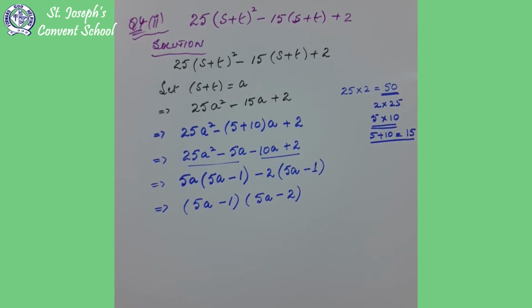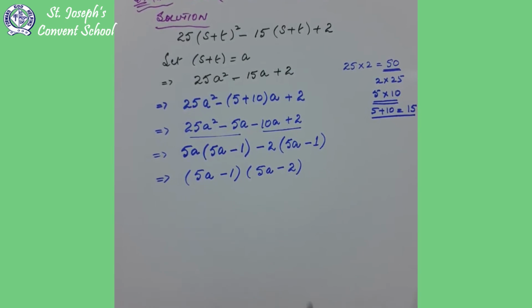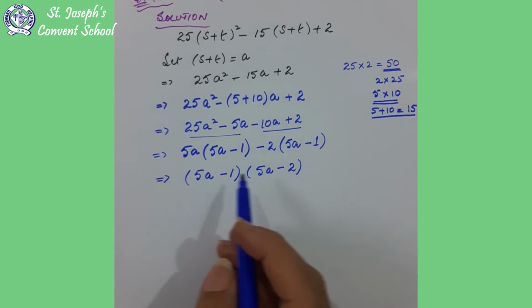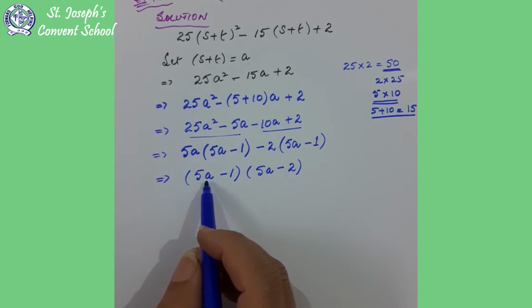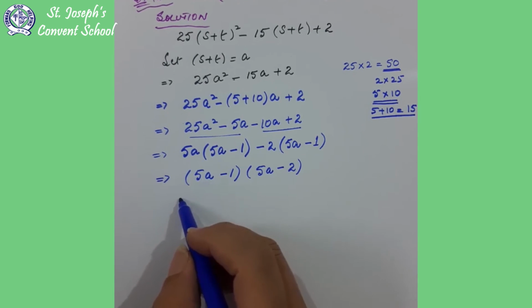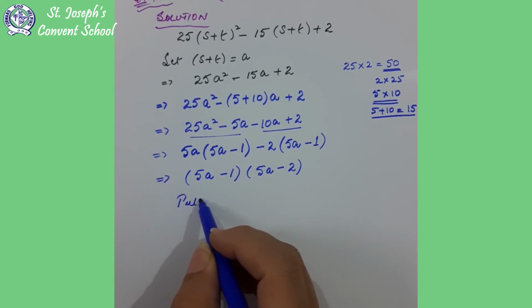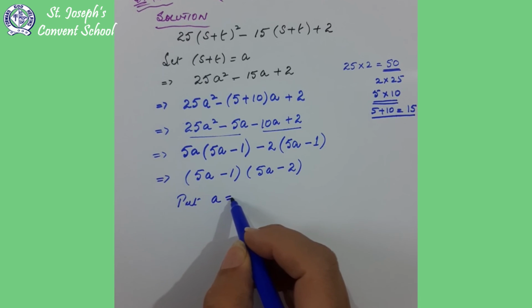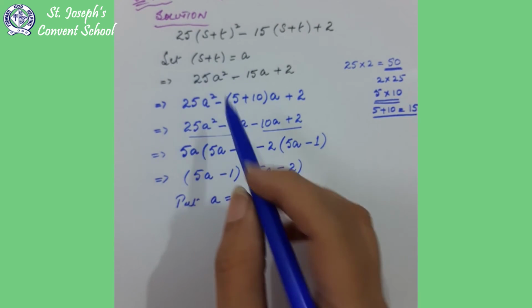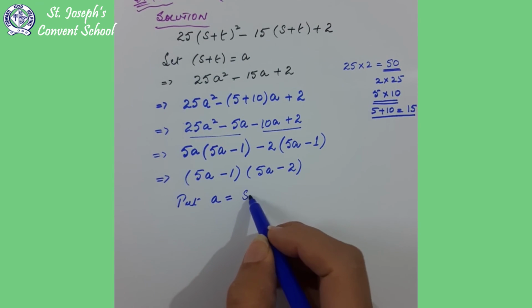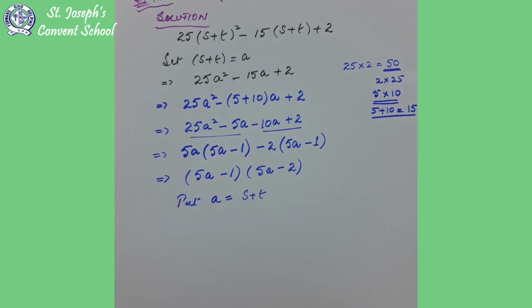Now after finding two brackets, this is not the answer. Why? Because you have to put the value of a back. What was a? We have supposed that a is s plus t. So put this value back, a equals s plus t.